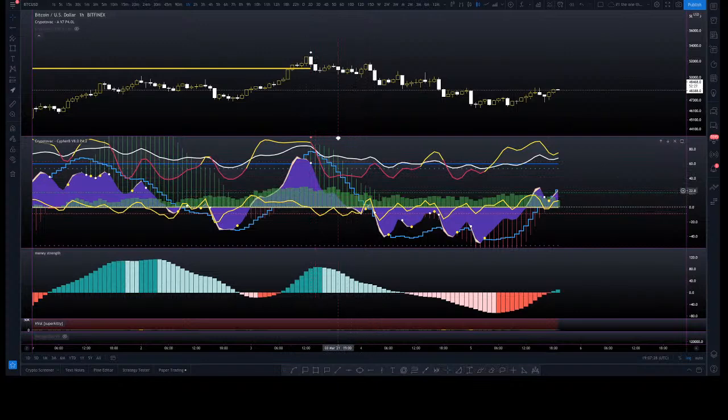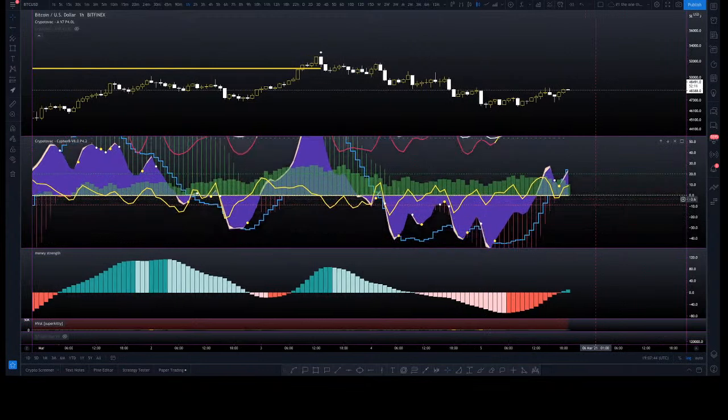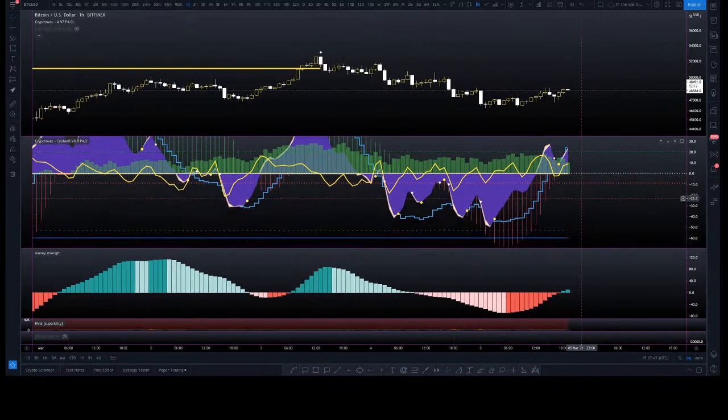Okay, so right here we have an important wave. Right here we have a little wave, so that could say, okay, that's your trigger wave. So you're starting to look for some shorts, some sells. Right here we're starting to see a little bit of divergence. Okay, this didn't really play out very well.